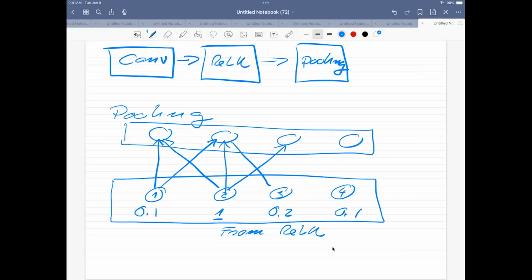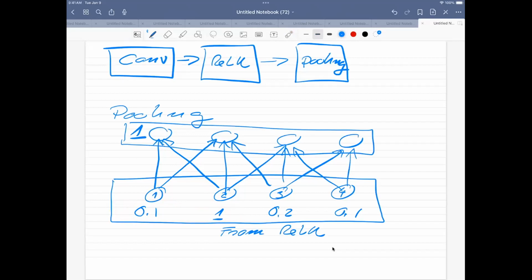Then node 3 connects with 3 only. And finally, the corner ones can only connect with 2. Now, what it does is that it picks the max value. If you look at node 1 here, it feeds in here, but this also gets an input from node 2. Then you take the largest value, which is 1. So that means that this outputs 1.